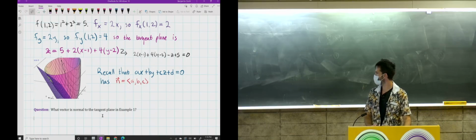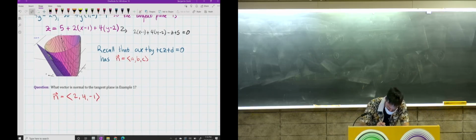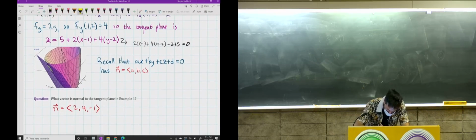So what did we say it was? Okay, good. We have a 2 on the x, a 4 on the y, and a negative 1 on the z. So our normal vector is 2, 4, negative 1.